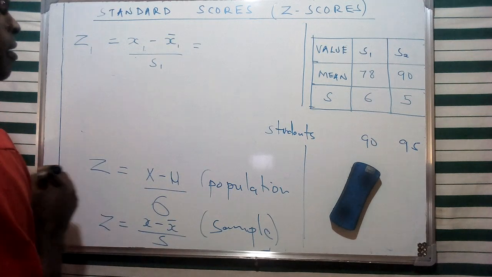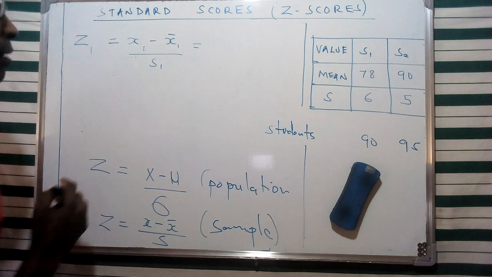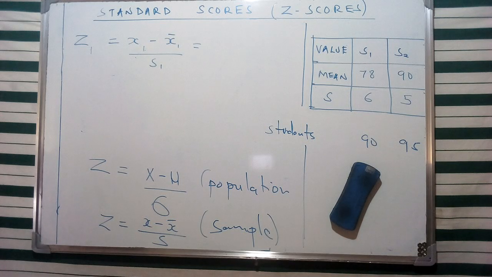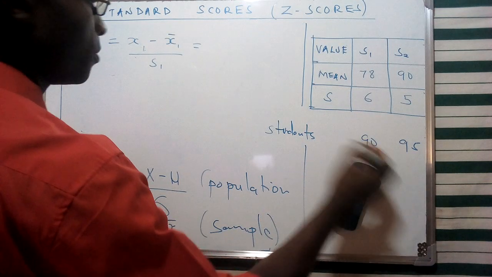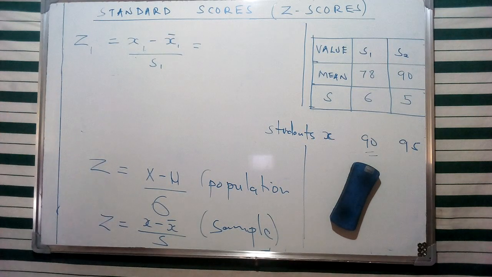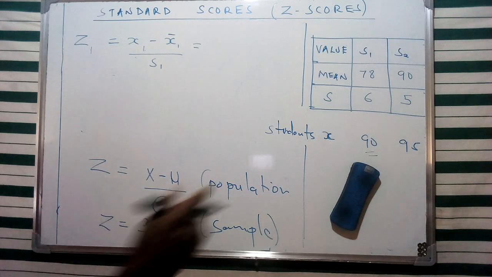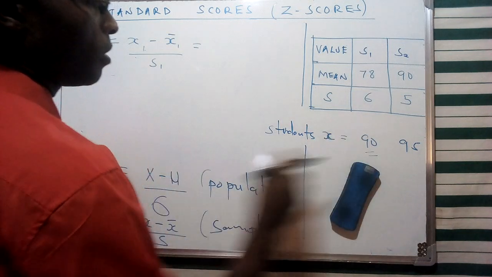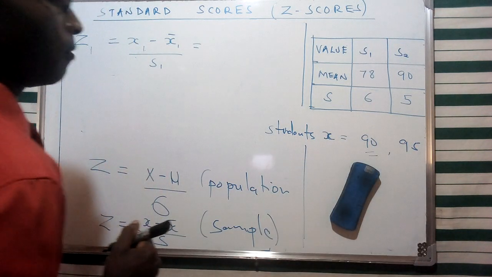So this is going to represent the value of X, which we said is basically a particular measurement from our distribution. So the particular measurement from our distribution is going to entail the score of these two respective students.